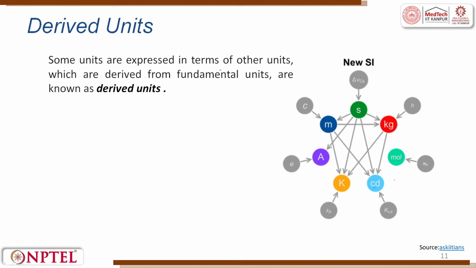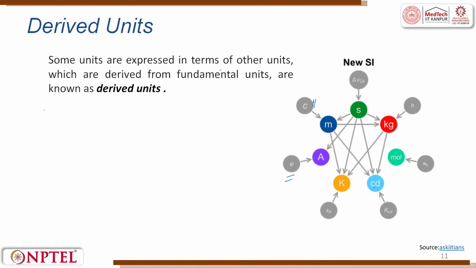These 7 are the fundamental things, and whatever you try to extract from this, we call it derived units. Okay. So, from ampere you can try to talk about electron, right, and then you try to talk about meter, you try to talk about centimeter, right. So, these are some of the derived units.